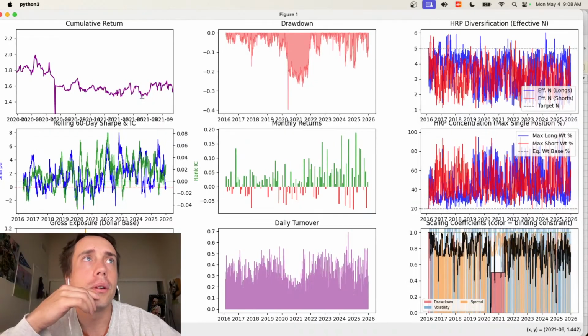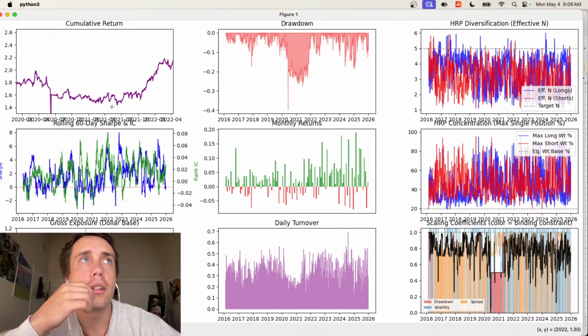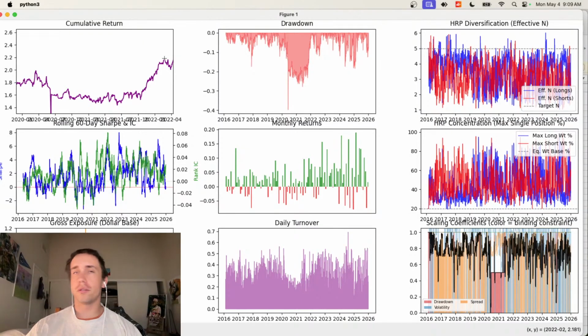Down to a 43% gain in June of 21. So it did take a while to recover from COVID, but that's because the drawdown penalty turned on. By February 22, I was positive again.